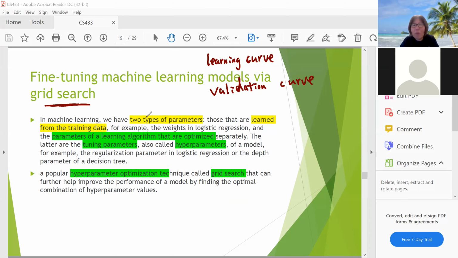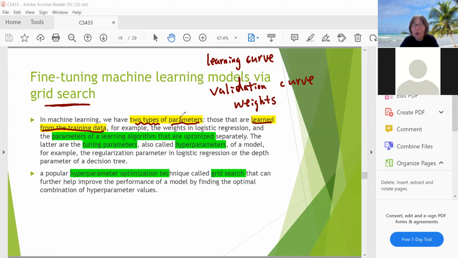Before we take a look at grid search, I also mentioned in a previous lecture that in machine learning there are two types of parameters. One, which we learned at the very beginning of the class, is parameters like weights, which are learned from training data.